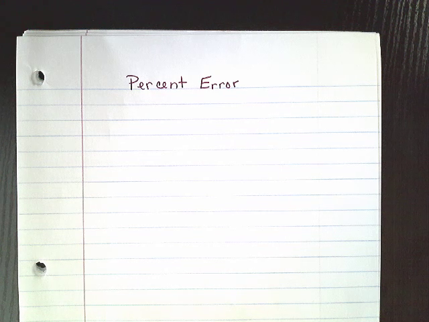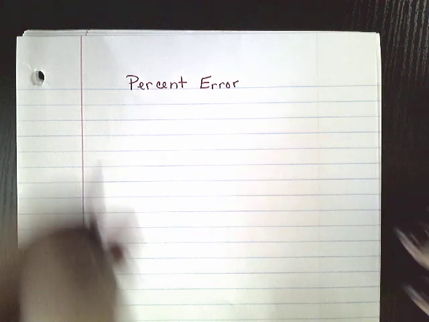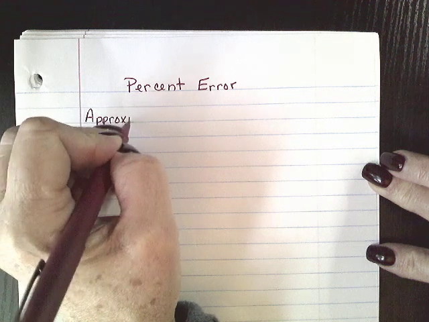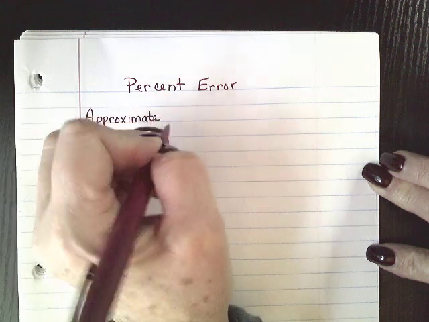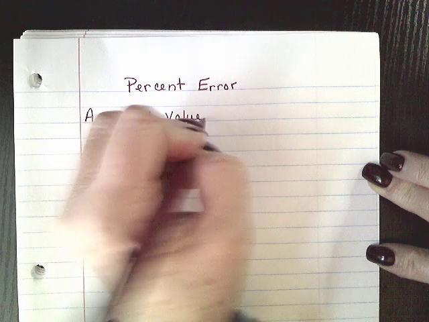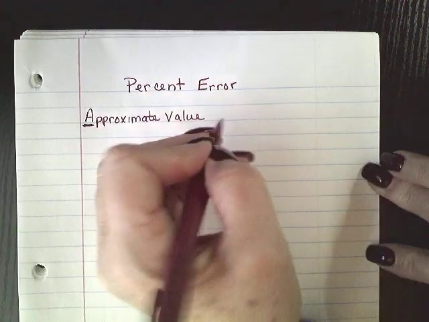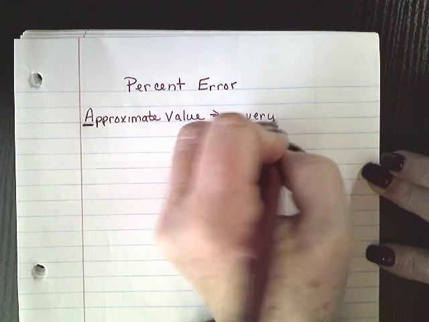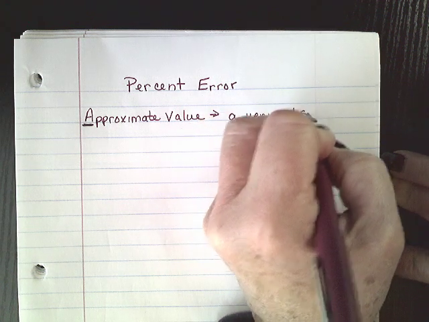Okay, so we're going to talk about percent error today. And what is a percent error? Well, it's based on two things. An approximate value. I'm going to underline that A, which would be a very close measurement.